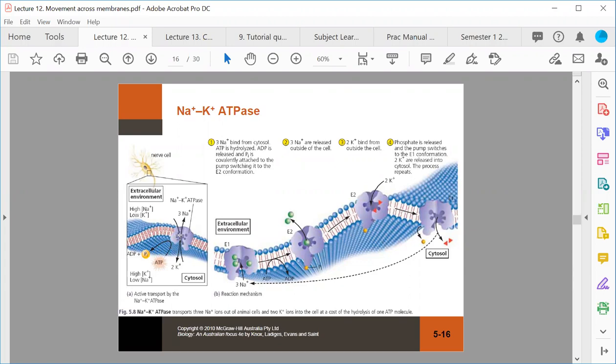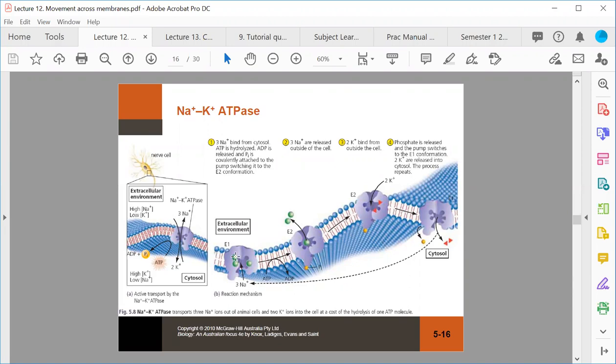We can see what's going on in terms of movement of ions. For every 3 sodium ions that are moved out of the cell, 2 potassium ions are brought into the cell. So this explains how animal cells maintain a high concentration of potassium and low sodium within the cell.